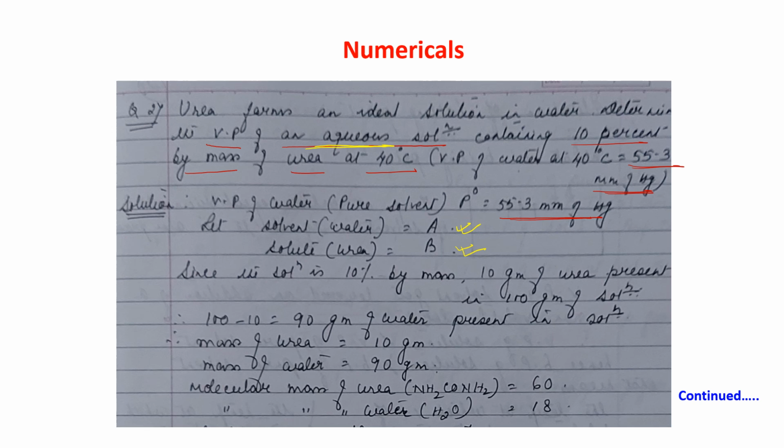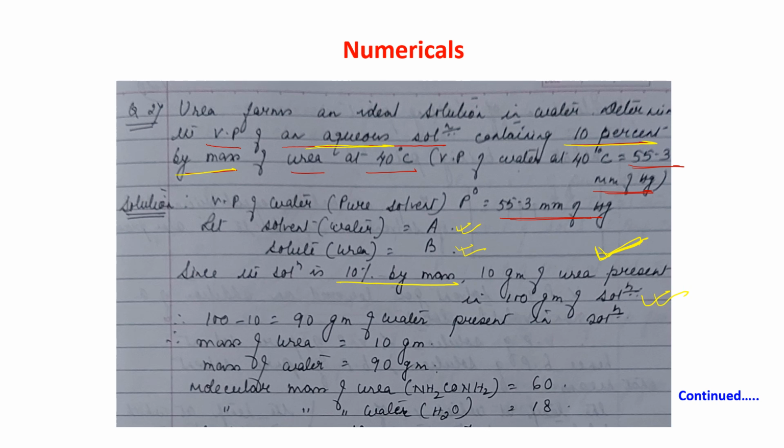Okay, since the solution is 10% by mass, it is given here, 10% by mass, it is containing urea. So 10 gram urea is present in 100 grams of the urea solution. In the urea solution, 10 gram is the urea present.